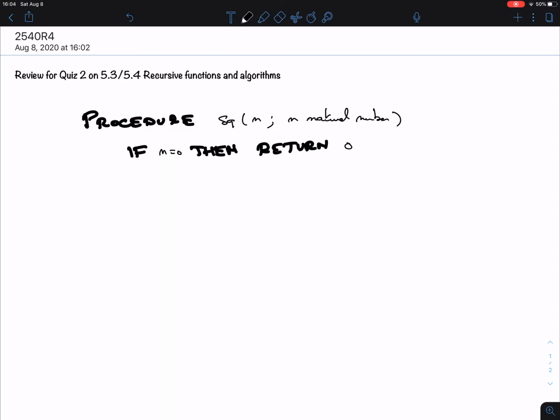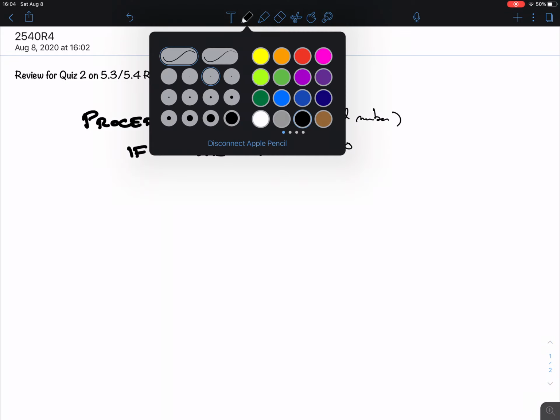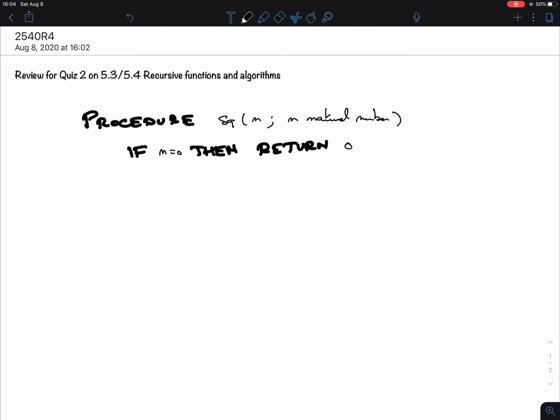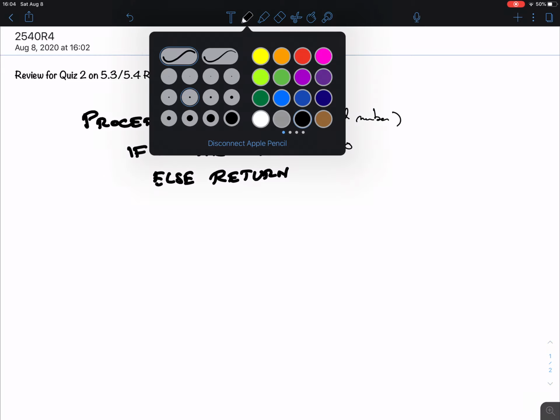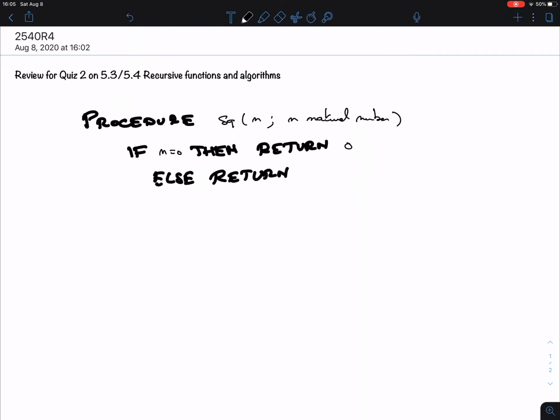Okay. And then the induction step, if you want, the recursive part, is else return the following thing: square of n minus 1 plus 2n minus 1.